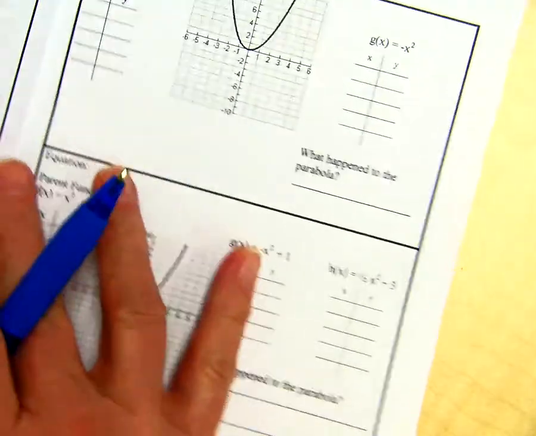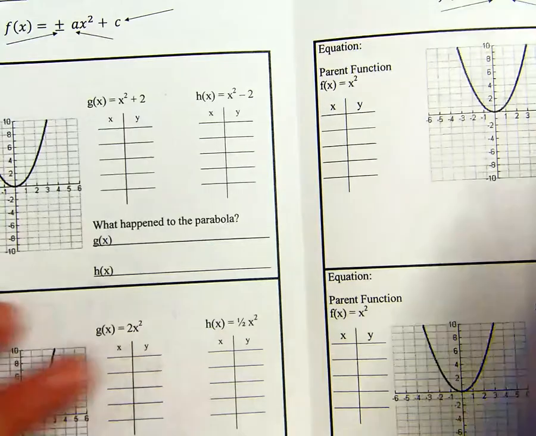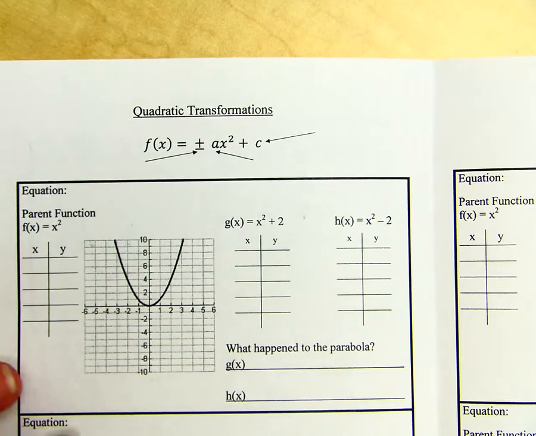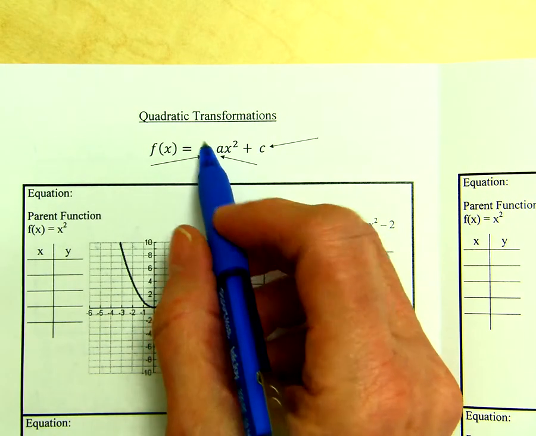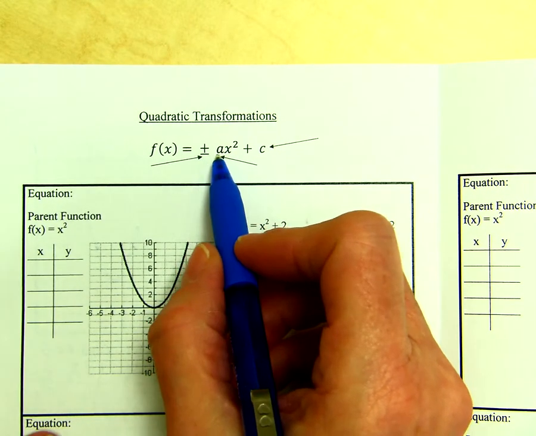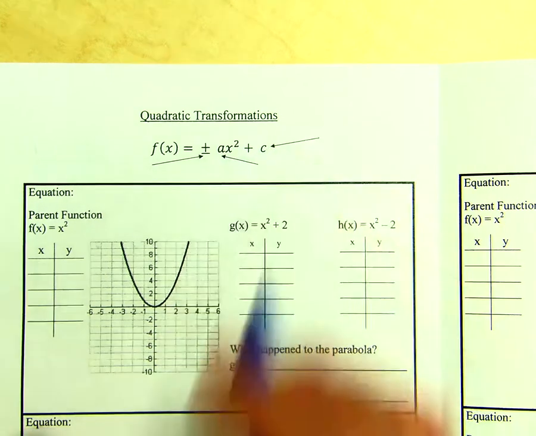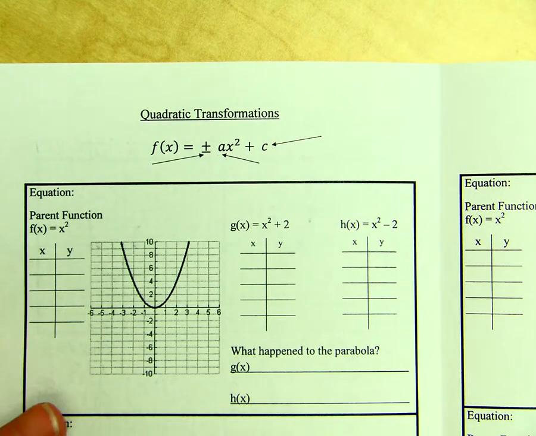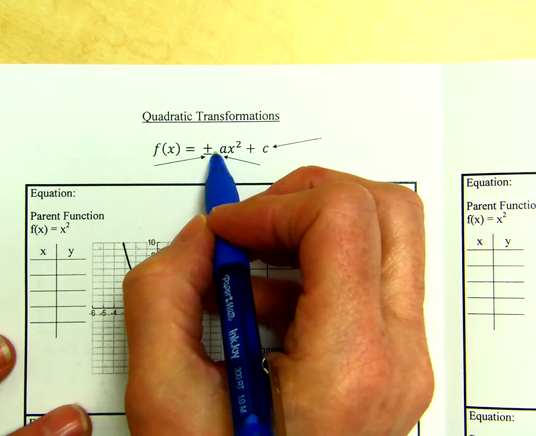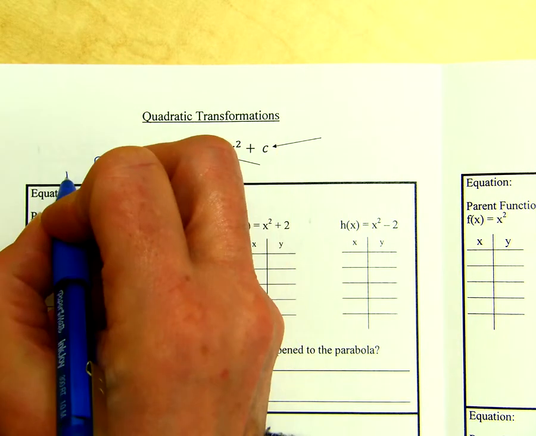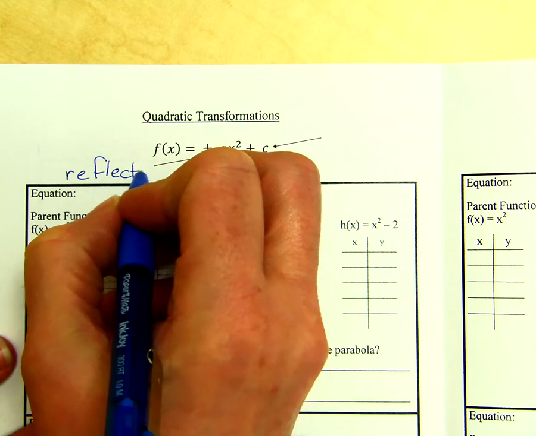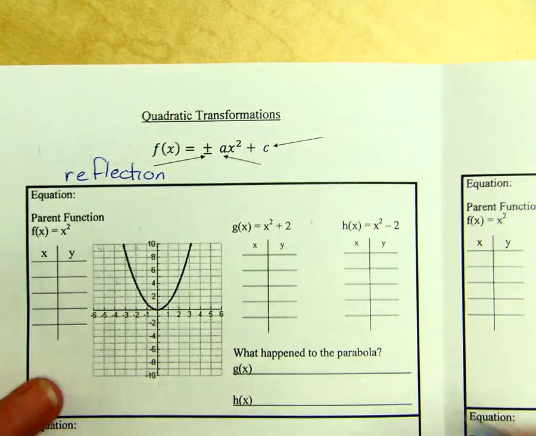So now we will be discussing transformations. We have several kinds of transformations. When we have the function being ax squared plus c, which means b equals 0 in this case, we have several things going on. We look at the sign of a. The sign tells us whether there is a reflection or not. If it's negative, there is a reflection.